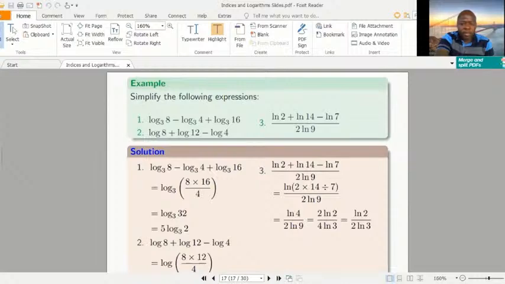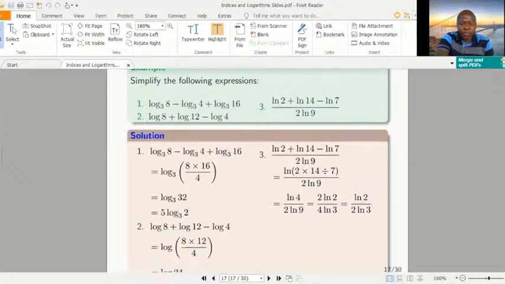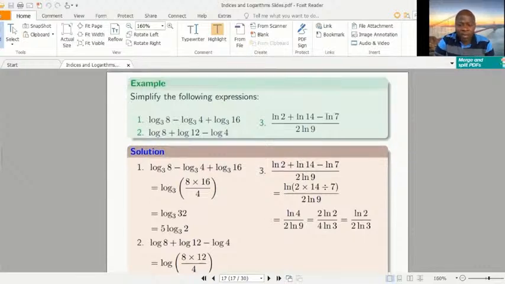Now this one, if we are to use the laws of logarithm. You remember we said that where there is addition, we'll be doing multiplication, and where there is subtraction, we'll be doing division under the laws of logarithm. I've already done this, and you can see division here, you can see multiplication and subtraction and then addition.